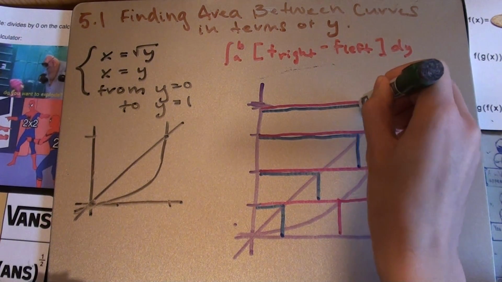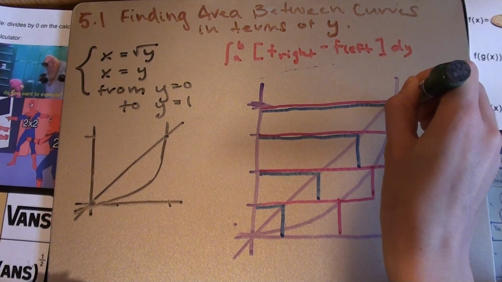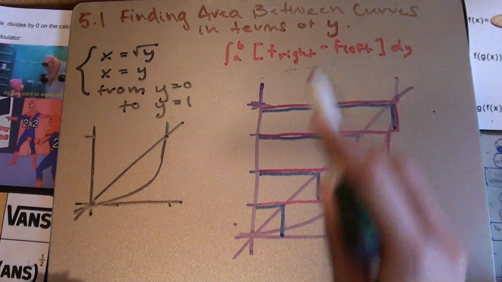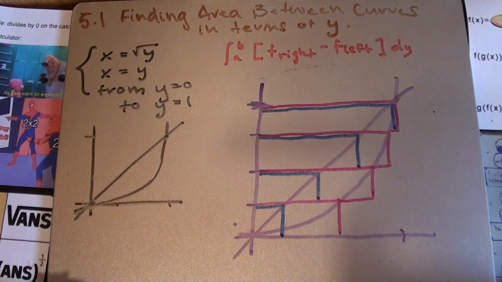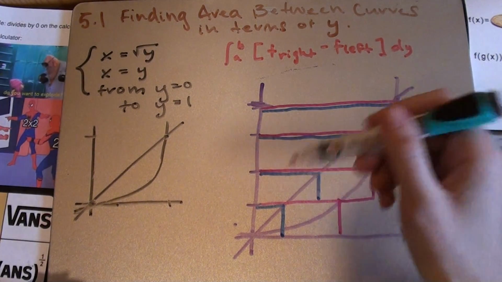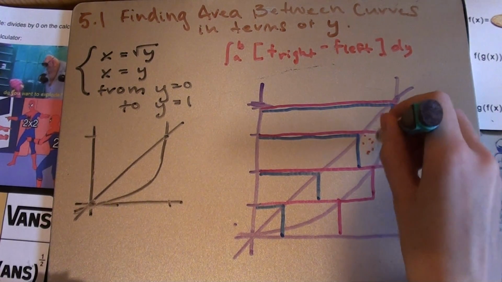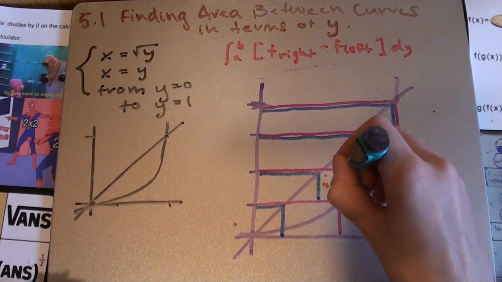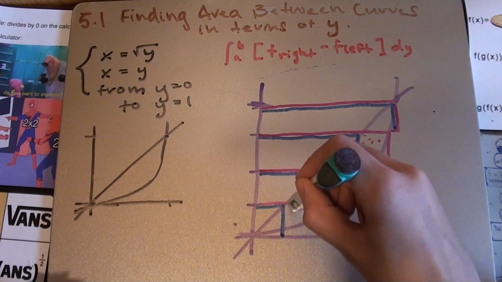And we see that both these functions meet at the same point, so they're going to have the same rectangle. So when we try to figure out what the area of the banana peel shape is, when we try to approximate it, we're going to try to figure out what the area is of these rectangles right here.